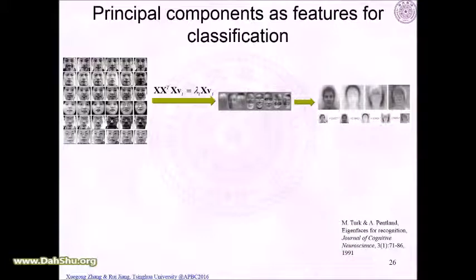We apply principal component analysis and get, say, 8 principal components, and then we can decompose the original input image as a combination of these principal components, which are called eigenfaces in this context.